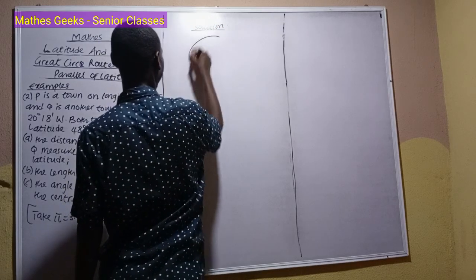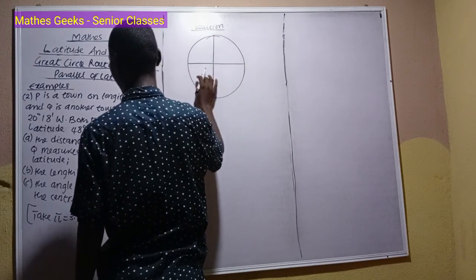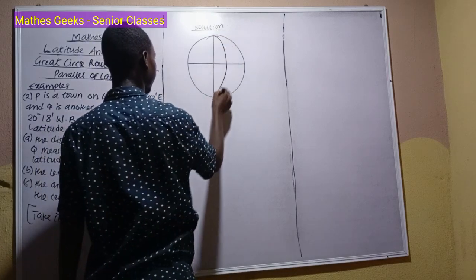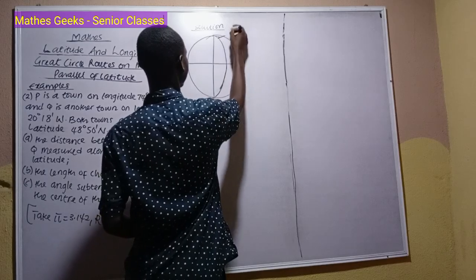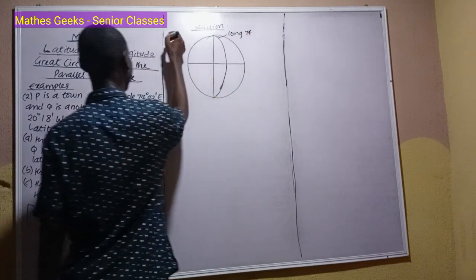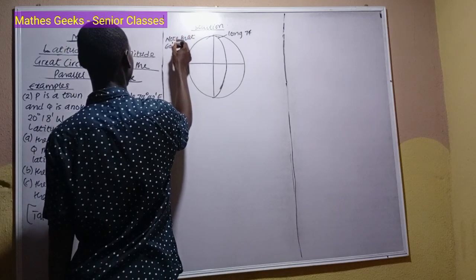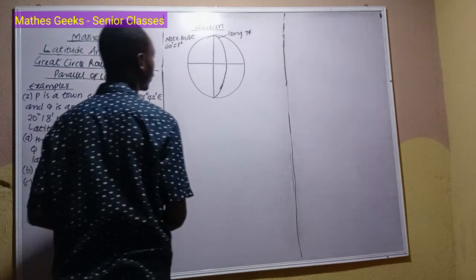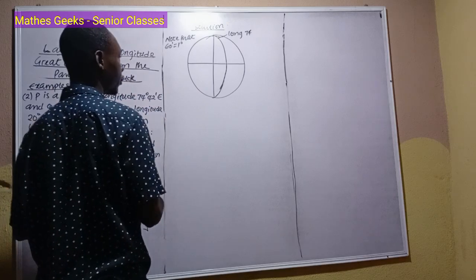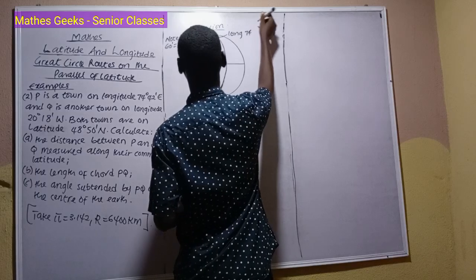So in the diagram, P is a town on longitude 74 degrees. Note that 60 minutes equals 1 degree. So we're going to convert 42 minutes to degrees.